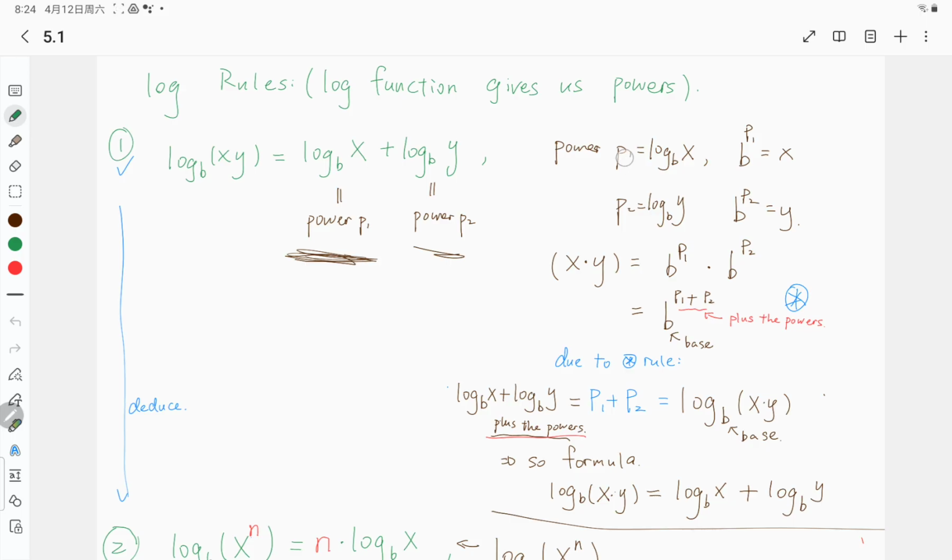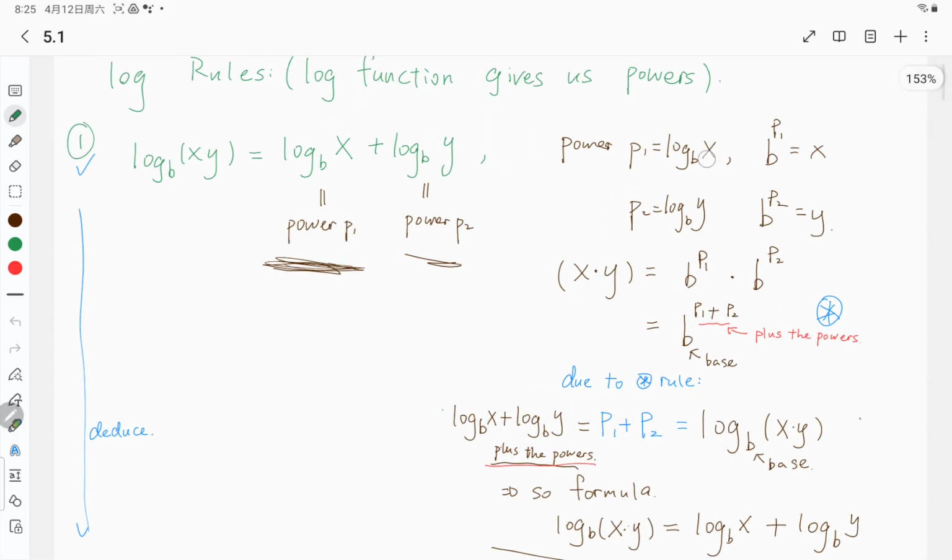And we set p1 as log base b of x, p2 as log base b of y. So x times y, which is our target value, becomes b to the power of p1. This p1 is log base b of x, which just means b to the power p1 is x, right?